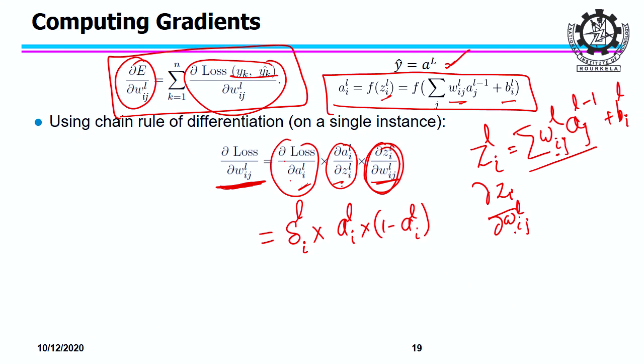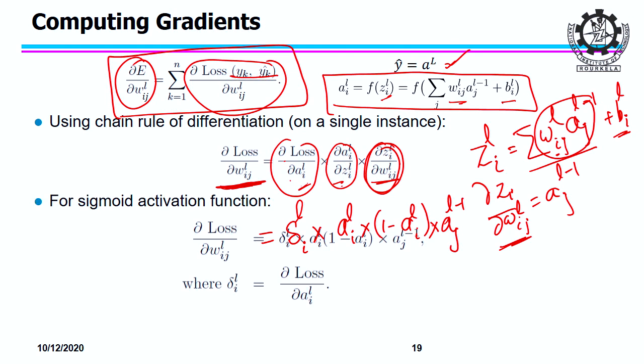Therefore, if you take the derivative, all the other terms are constant and will be 0. Only this part remains, and if you take the derivative with respect to W_ij^L, you get A_j^(L-1), and the B part is constant. So directly we can put A_j^(L-1) here.